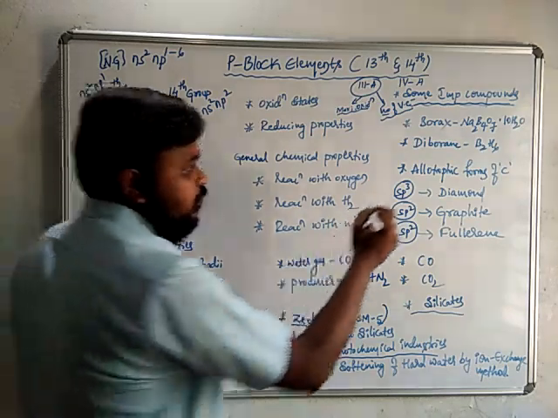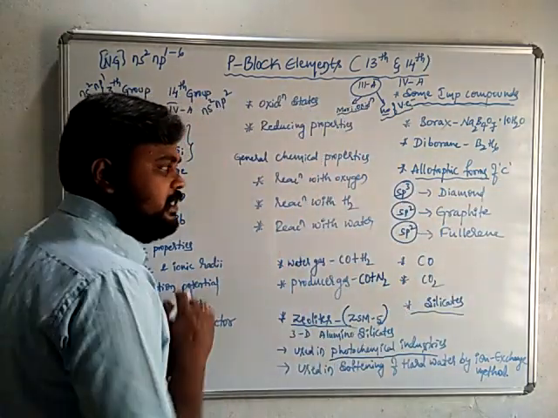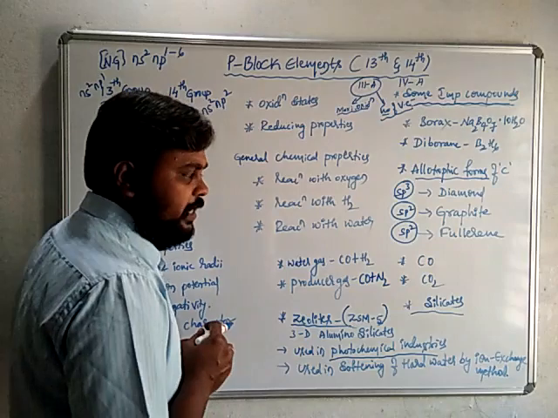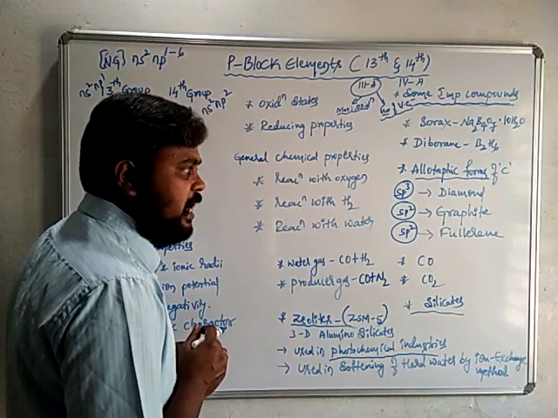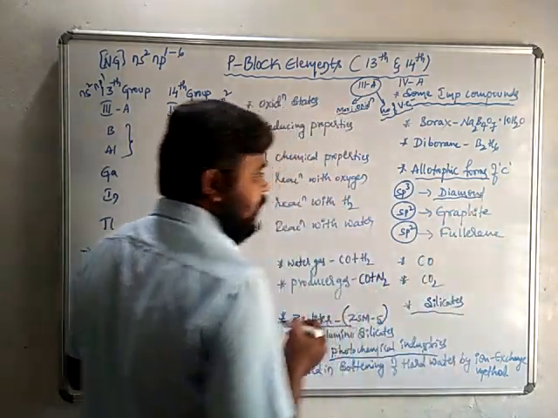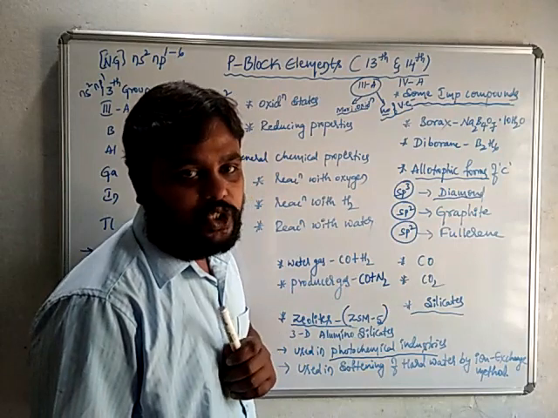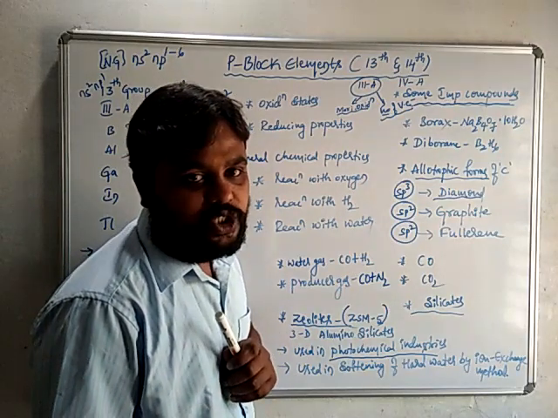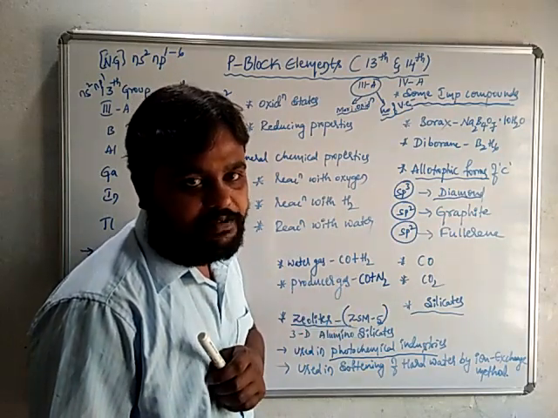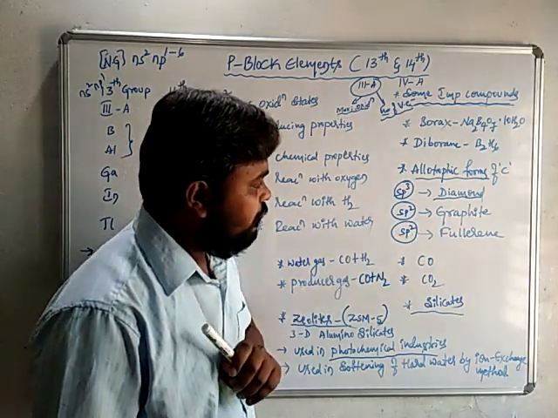If you take allotropic forms of carbon, here we have three important allotropic forms. Based on these allotropic forms, many times questions arise in your annual exam and competitive examinations. Diamond is one of the allotropic forms of carbon, where the carbon atom undergoes sp3 hybridization, and diamond is a three-dimensional tetrahedral arrangement of carbon atoms.